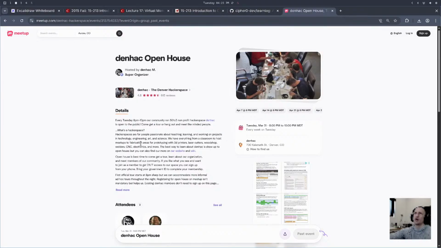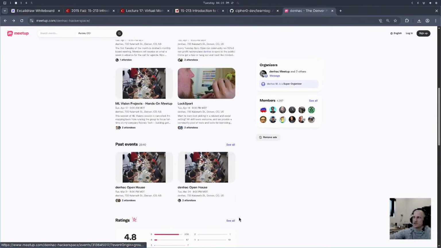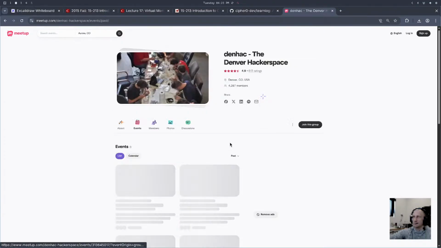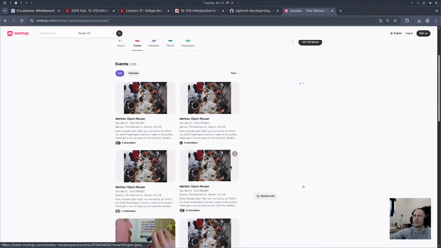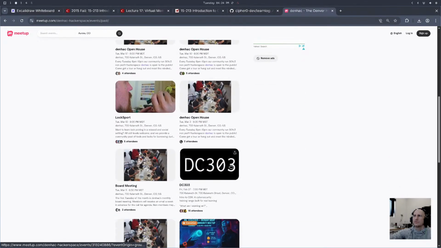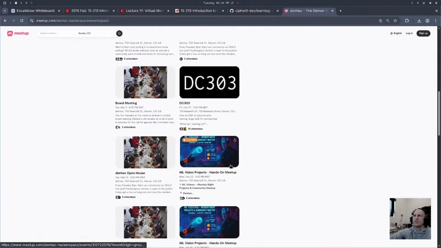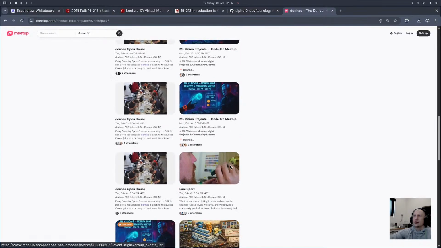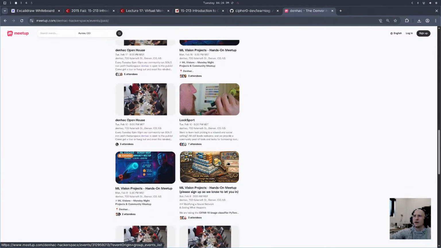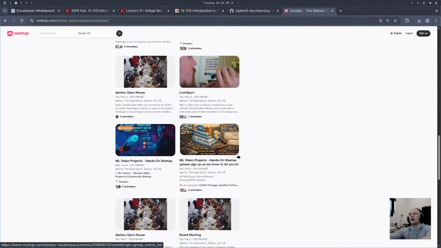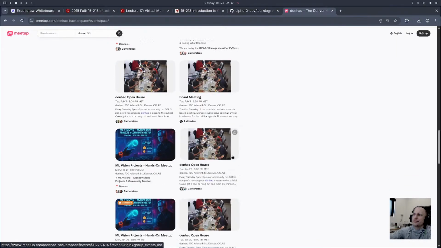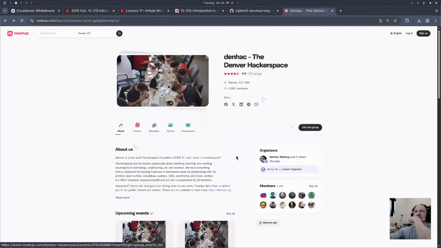So this is more like an open house for the hacker space. It's not a good example. Let's see if they have any past events here. This might not be a good meetup as an example.